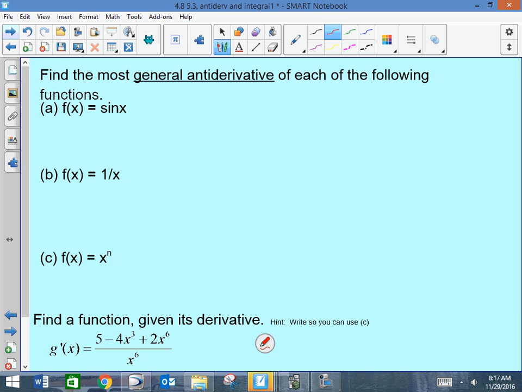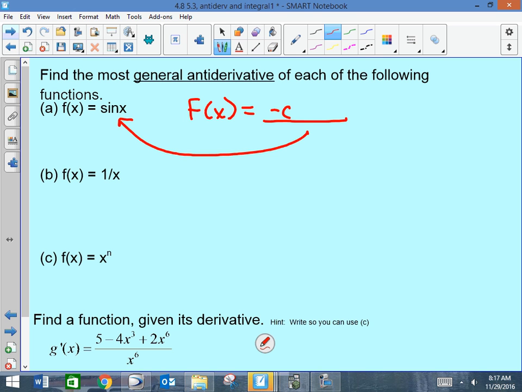Find the most general antiderivative of each of the following functions. It's going to take you a minute to wrap your brain around this. This is weird. It's the total opposite of what we've been doing for the last 9 weeks. Finding the antiderivative we'll call big F. So when we say this is the antiderivative, we could take the derivative and get sine. So what is it?